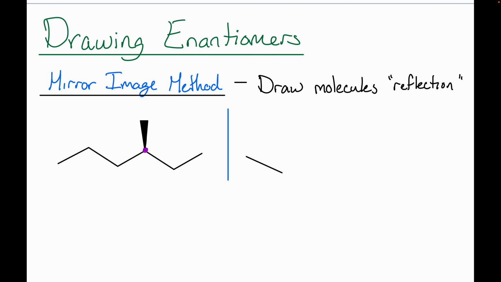I'm going to color code these carbons just so we can keep track of them a little bit easier. All right, if this thing's looking in the mirror, what color carbon is it going to see first? That red one, then the orange one.